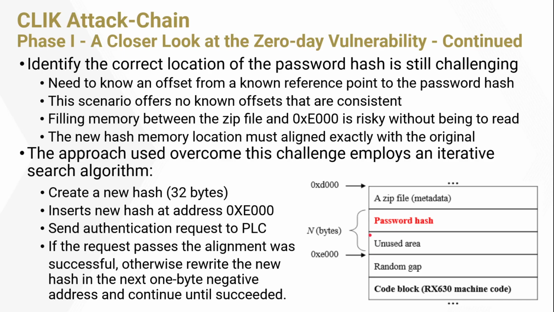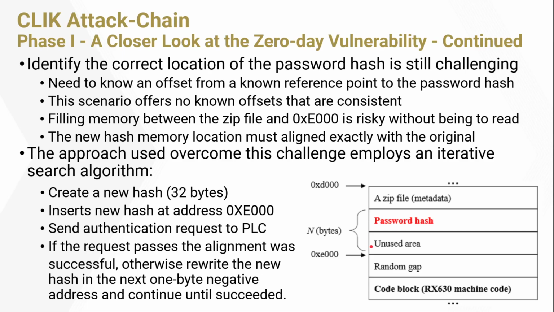If that authentication request fails, then CLIK knows that that is not the location where the original hash was stored. Once it knows that the new location is no good, it's going to negatively iterate this new password hash up this memory table.